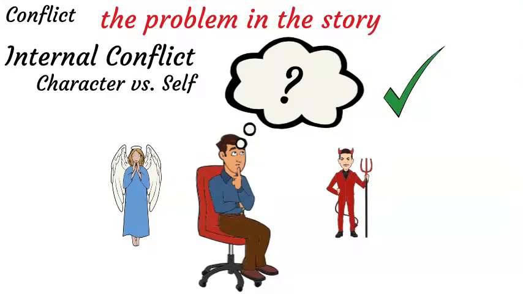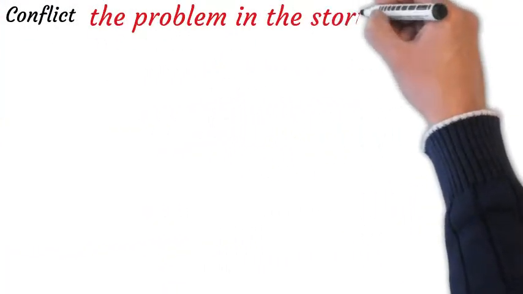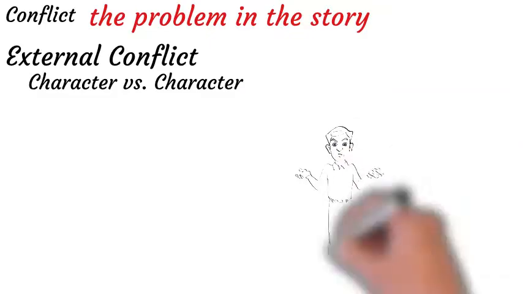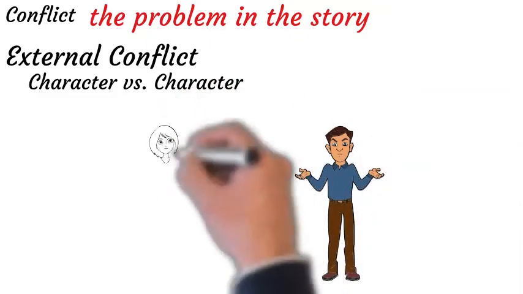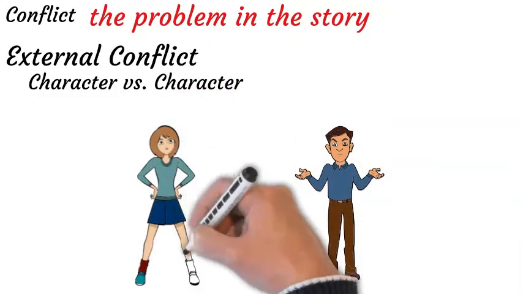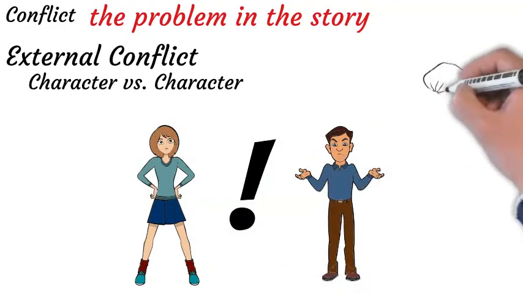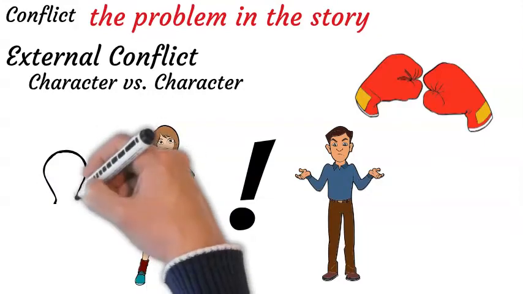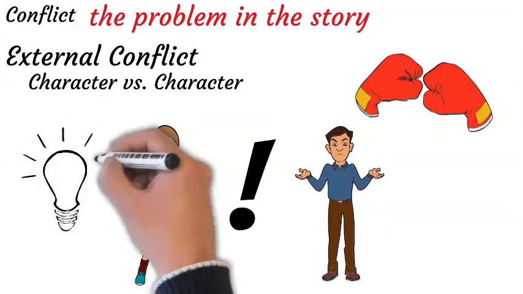Now let's talk a little bit about external conflict. The first one we have is character versus character. Character versus character is when one character strongly disagrees with another character. And this disagreement can turn into a physical argument or fight, or it can also be a verbal argument or fight, where they're going against the same ideas.